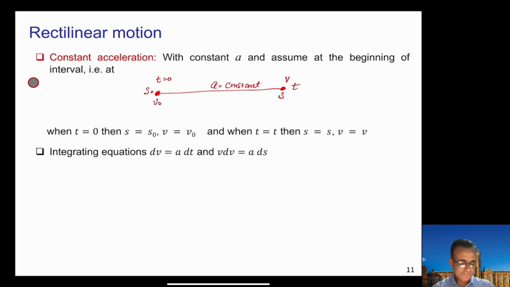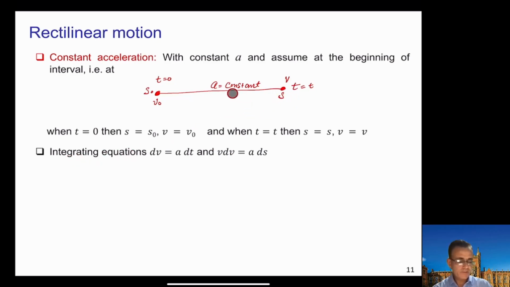So when t is equal to 0, s is equal to s naught and v is equal to v naught, and when t is equal to t, then velocity is v and the displacement is s here.